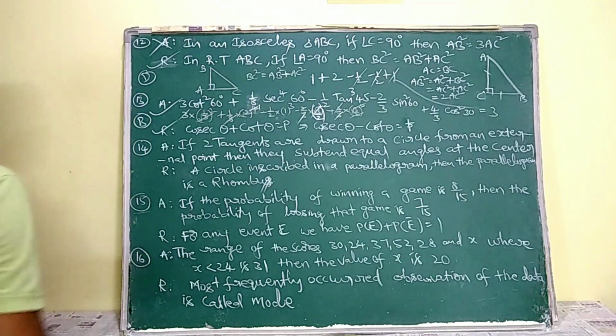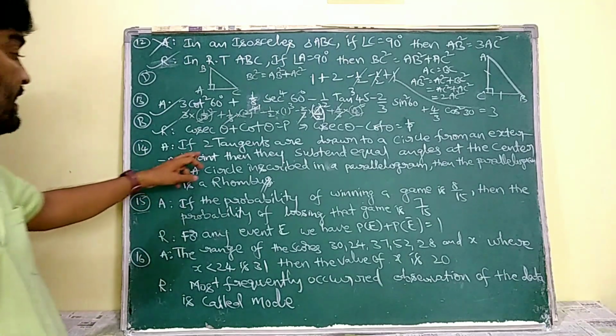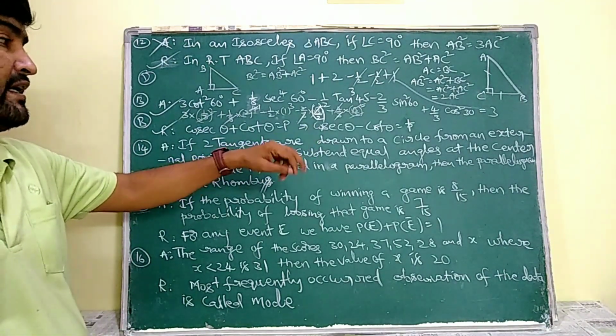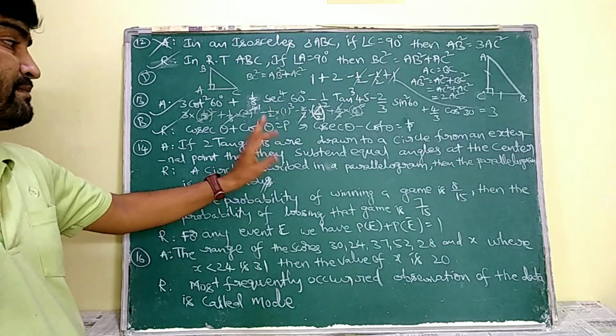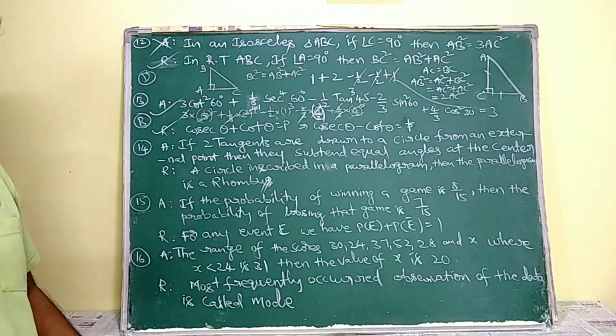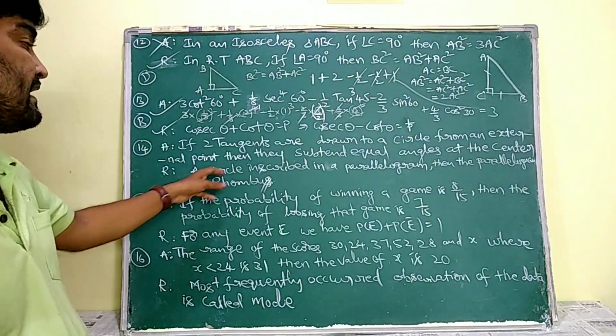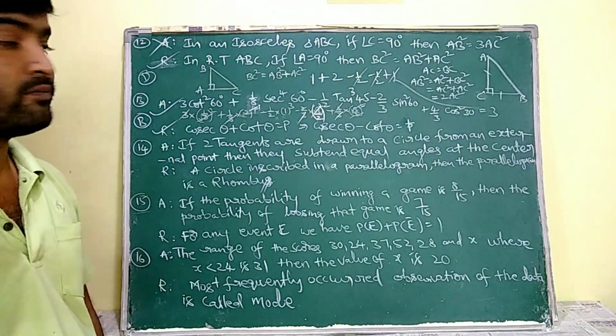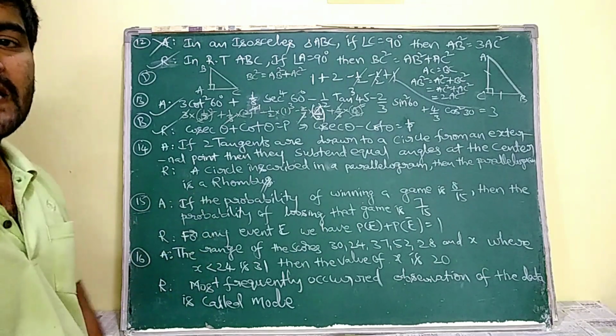Now see, the 14th one. If two tangents are drawn to a circle from an external point, then they subtend equal angles at the center. Yes. Now a circle is inscribed in a parallelogram. Then the parallelogram is a rhombus.